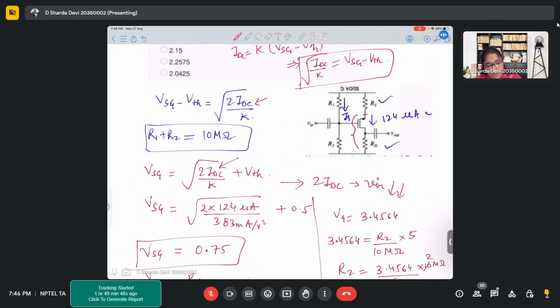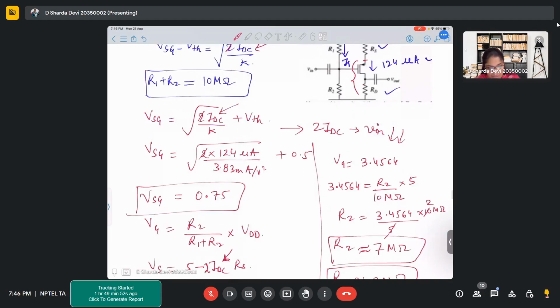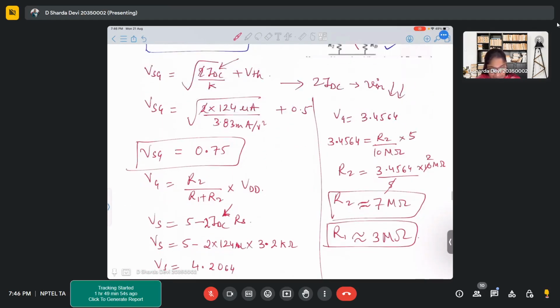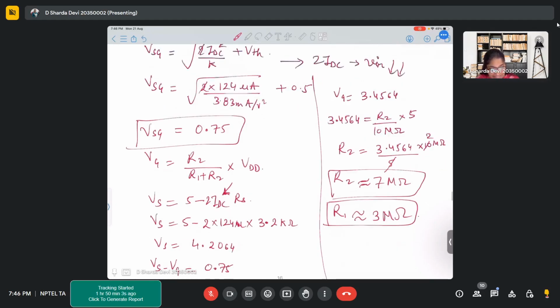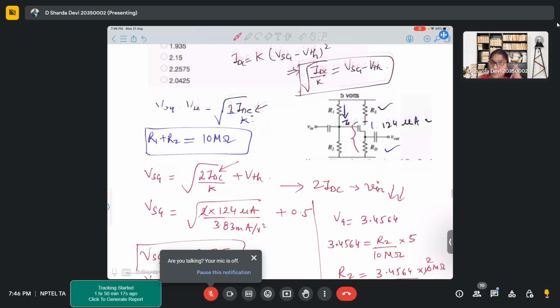Resistors are mostly for DC biasing, especially R1 and R2, so we need not go for this 2 IDC one.